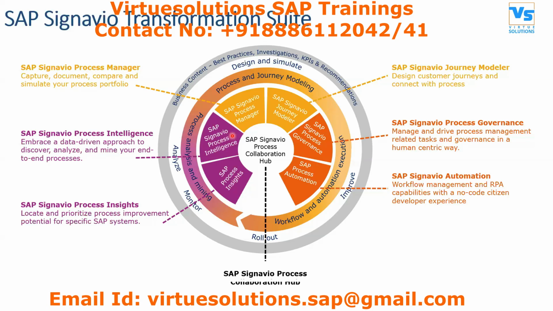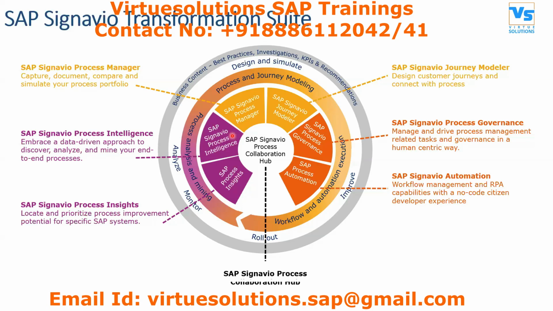Process intelligence is a pure process mining solution where you can connect all the source systems of your business process, wherever you post your transactions. All those transactions of your process can be integrated to process intelligence, and you can start visualizing your end-to-end process.